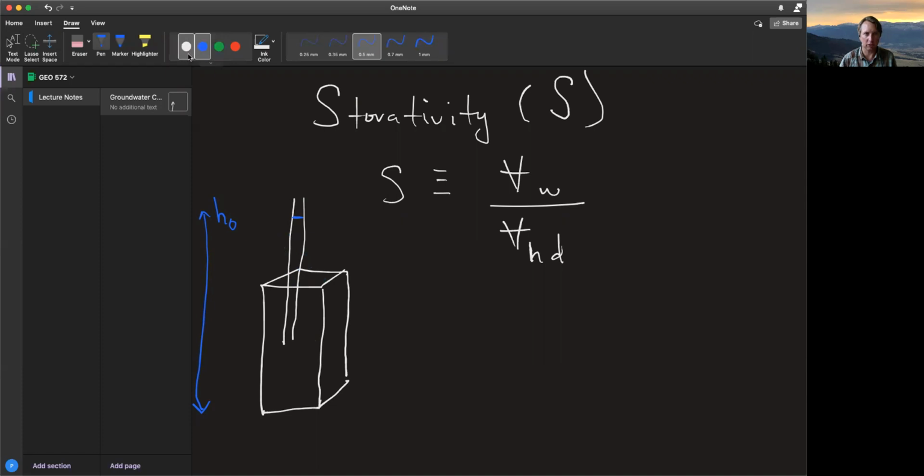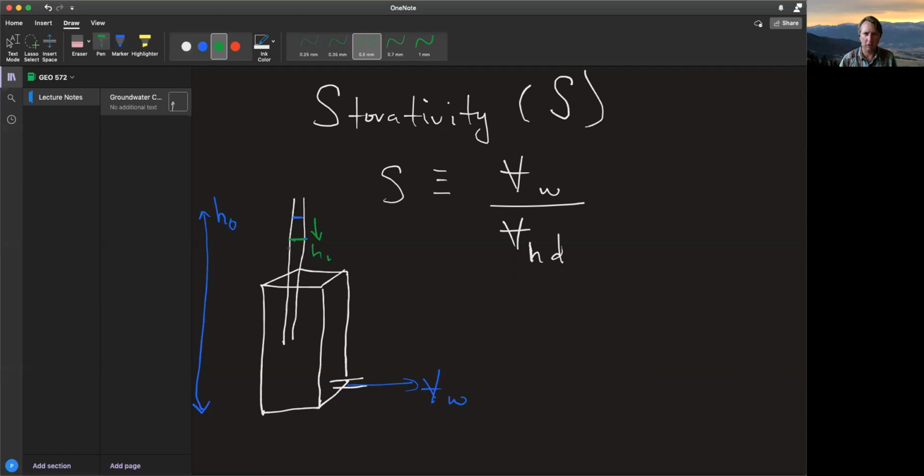And then let's put a magical little spigot here. All right, and we drain some water out and we drop the head some amount down to H1. All right, so we've dropped the head by some amount and we got out some volume of water.